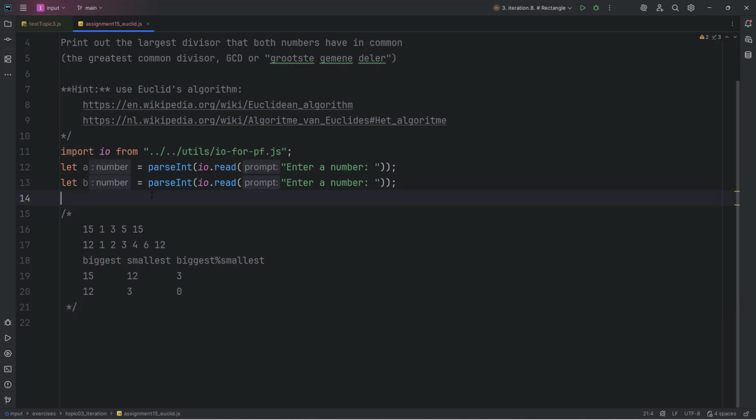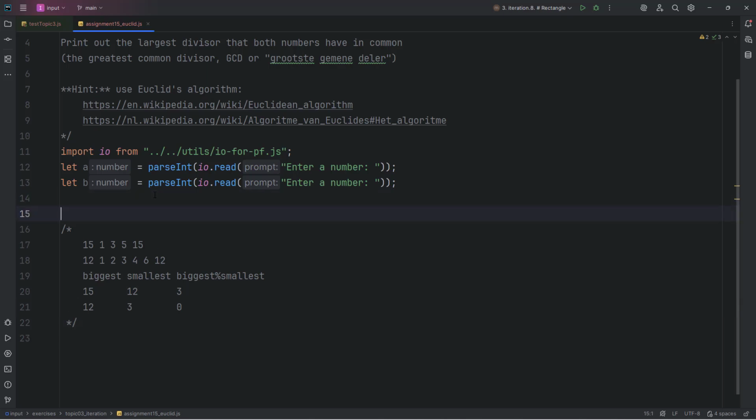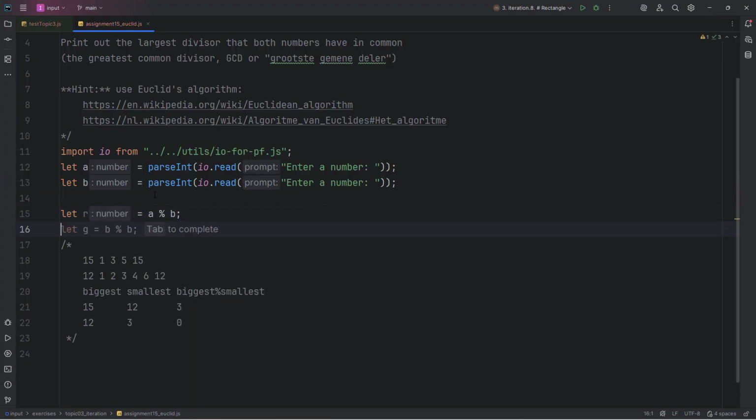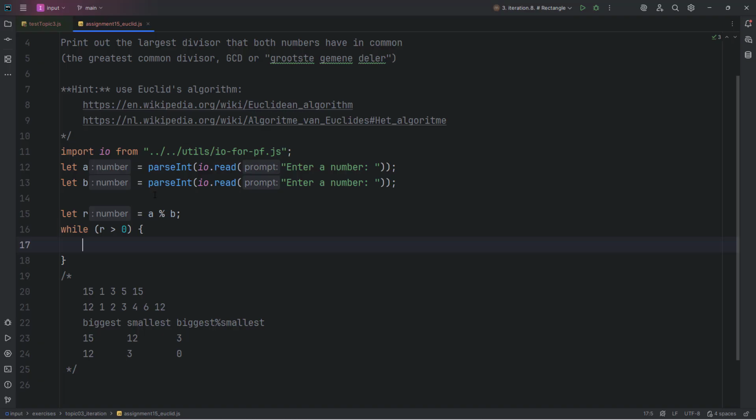What I have to do is actually calculate the remainder. So let R be the remainder of A divided by B. And while this remainder is bigger than 0, I will do the shift. So meaning, I can call this biggest and smallest.